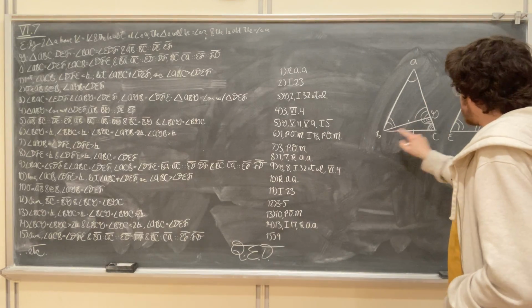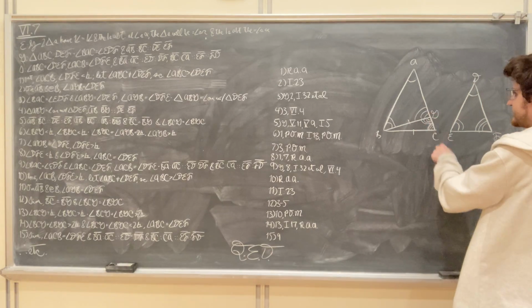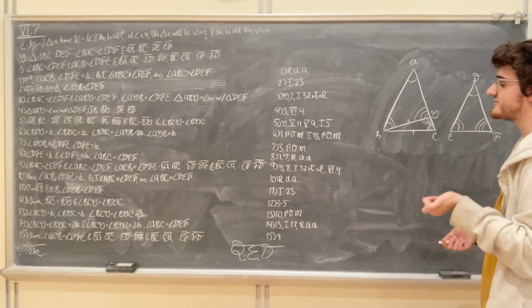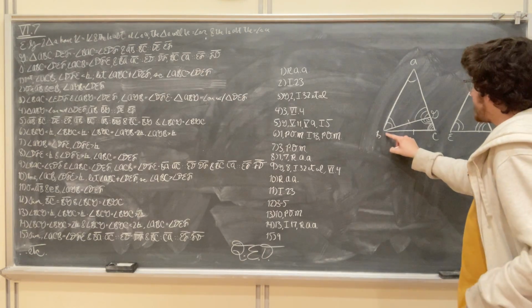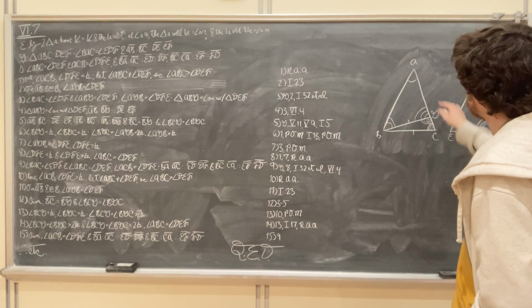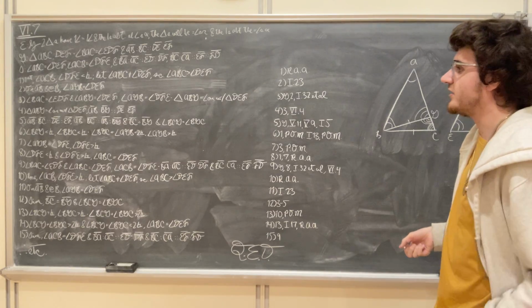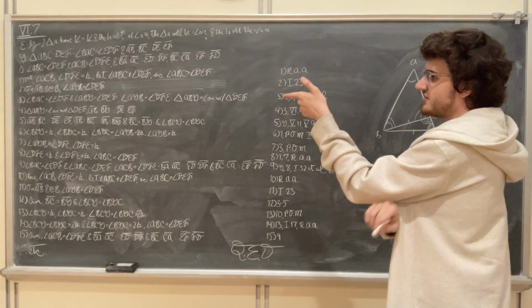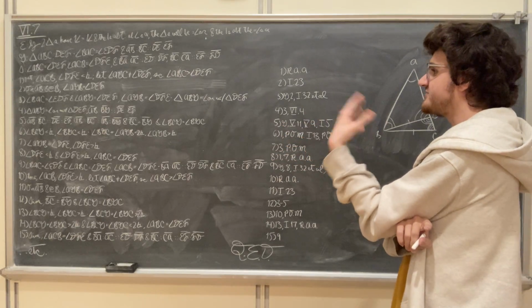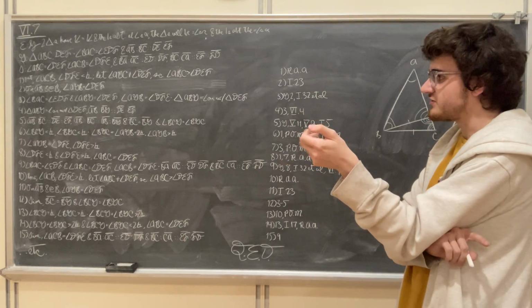Now, the angle BGC being less than a right angle, and the sum of angle BGC and AGB being two right angles, that's proposition 1.13, because the angle BGC is less than a right angle, then the other angle, AGB, must be greater than a right angle. But we had shown that the angle AGB is equal to the angle DFE, which means that the angle DFE must also be greater than a right angle.